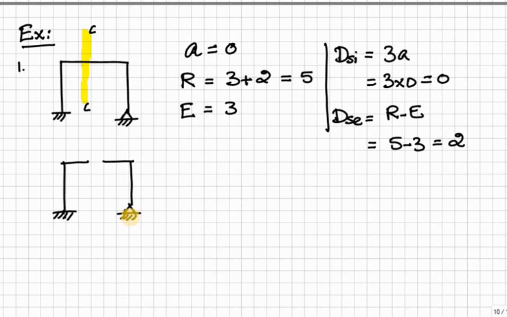Therefore, in this method, C is equal to 1, but R dash is nothing but the number of reactions applied or restraints applied to make the joint rigid. Therefore, this hinge, we have to make it rigid, so we have to apply the moment restraint. Therefore, R dash is equal to 1.